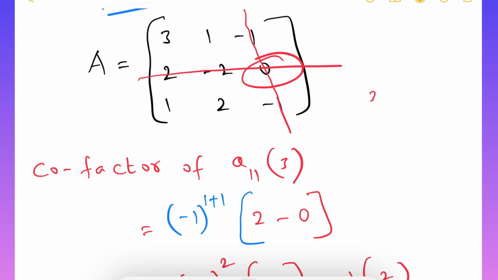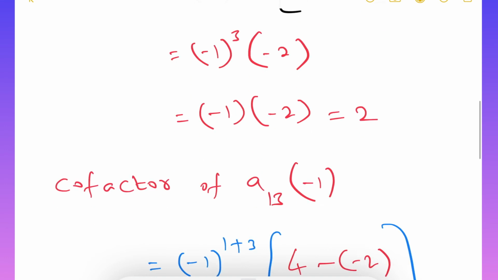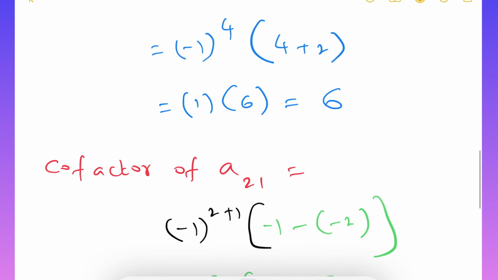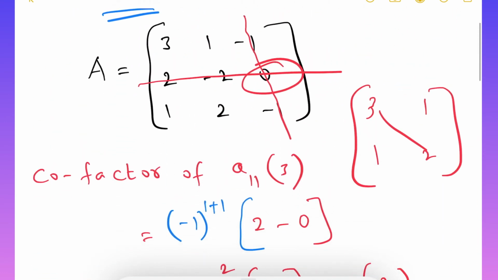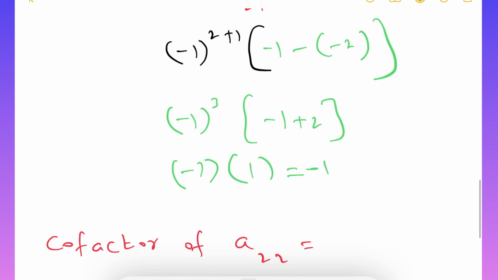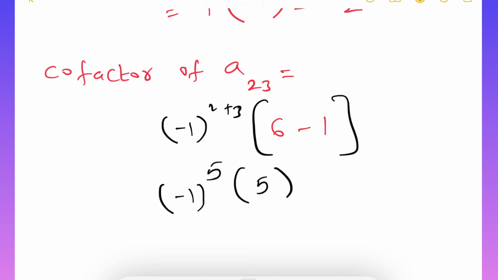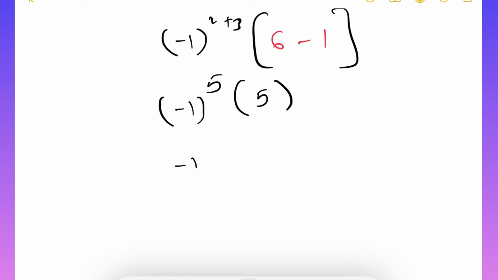Then we remain with 3, 1, 1, 2. Let us find the determinant of this. 3 2s are 6, 6 minus 1 1s are 1. Okay, let us simplify this. Minus 1 whole power 2 plus 3, 5 into 6 minus 1, 5. Minus 1 whole power 5 minus 1 into 5. Minus 1 into 5, it is minus 5.